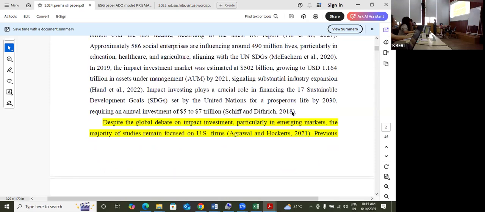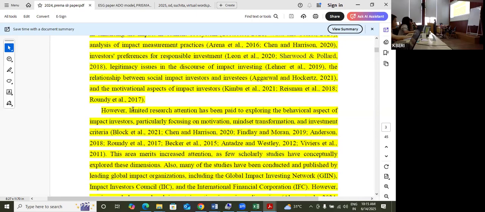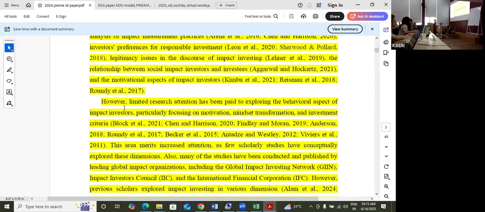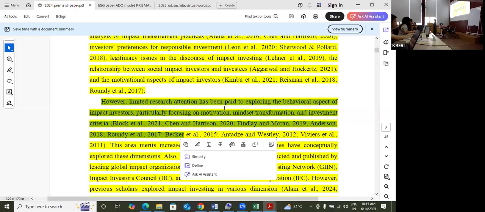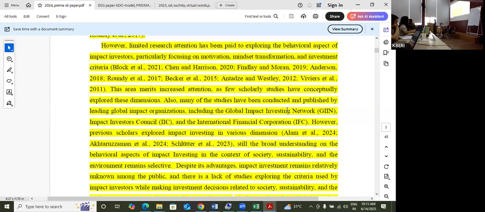There is a research gap portion that we have mentioned: however, limited research attention has been paid to exploring the behavior aspect of the impact investors. So we have written the research gap over here.